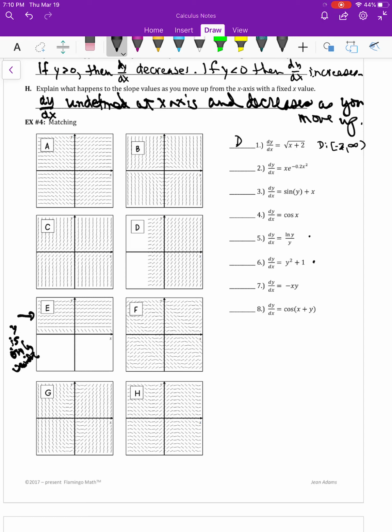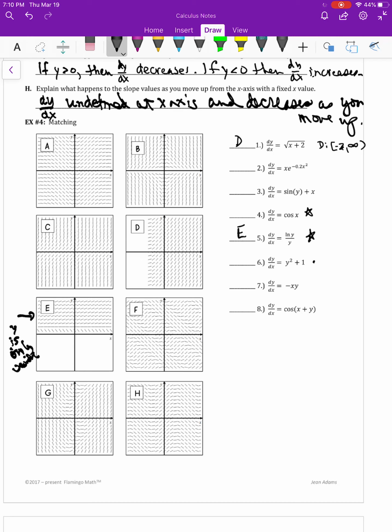Okay, this one and this one, 5 and 6. Then think about if y is your only variable, which one is not capable of having negative y's? That would be this one. There's no negative y's there, so I know that D and E are taken care of now because I figured out what those were.